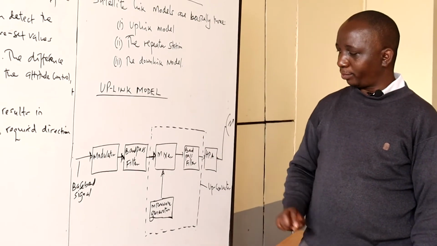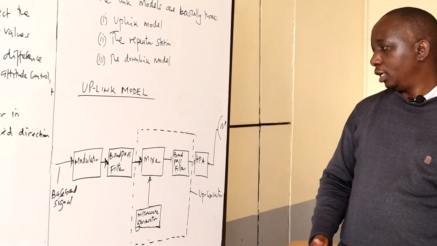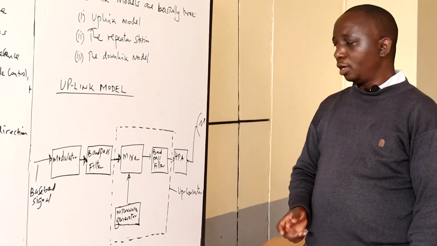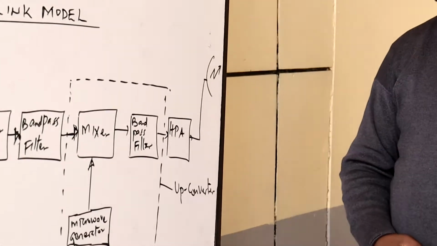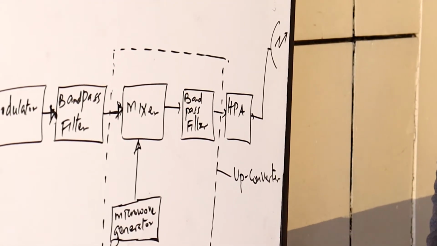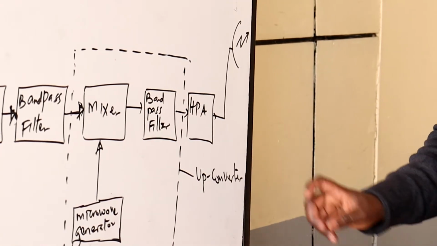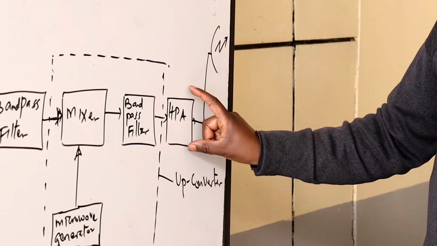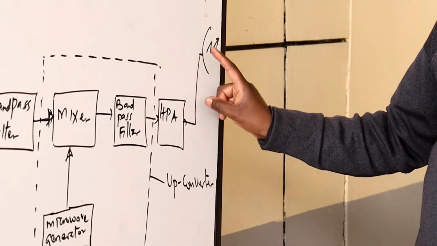That one is then again passed through the bandpass filter to block any unwanted signals so that we do not amplify unwanted signals. The HPA stands for the high power amplifier and is normally connected at the earth station transmitting end. The high power amplifier converts the microwave frequency generated to the required power for transmission to the distant end.